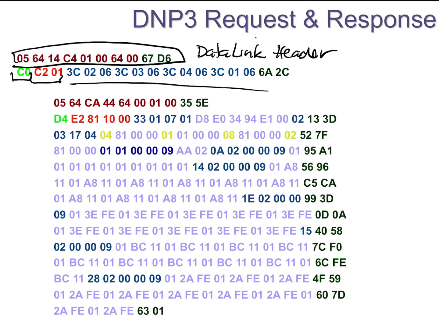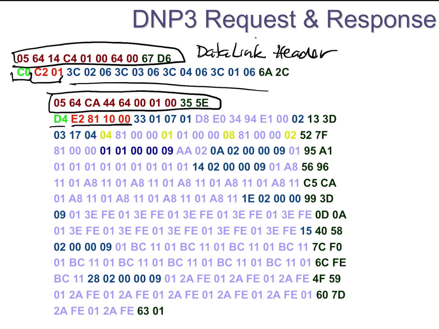It's the same when it comes to the response. What do we see? A 10-byte data link header to start every message. Then you see the transport header. Then you see the application header, which for a response is 4 bytes long instead of the 2 bytes you saw in the request, and then it carries on with object data.